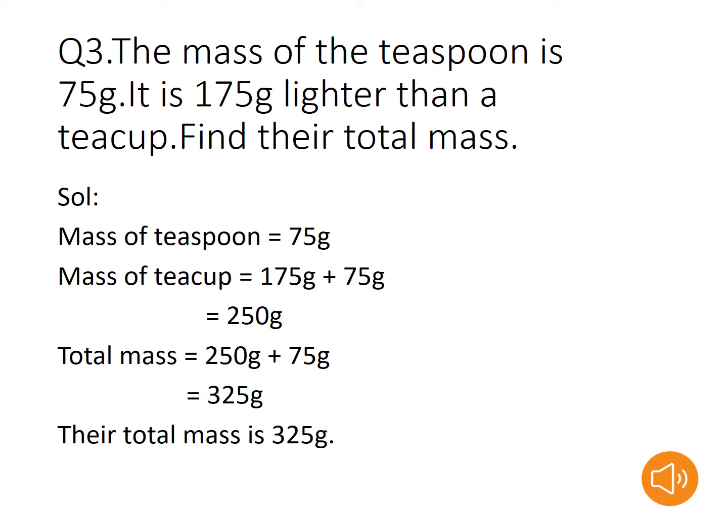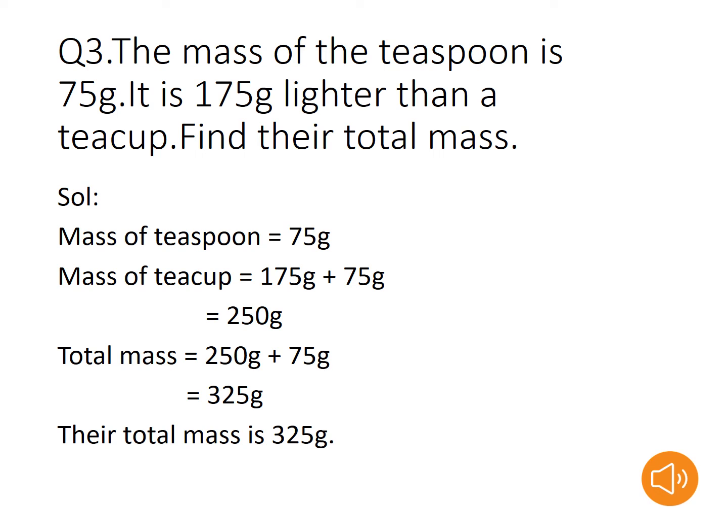Your first statement will be, as mentioned in the first line of the question, mass of teaspoon is equal to 75 gram. Mass of teacup, that is the statement you have to find out. So what will you do? 175 gram plus 75 gram. So 250 gram will be the answer of this first part.